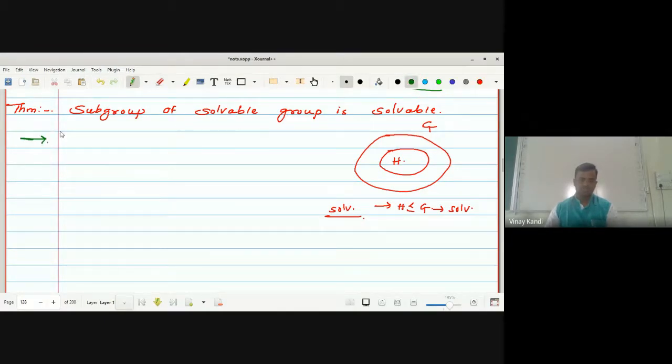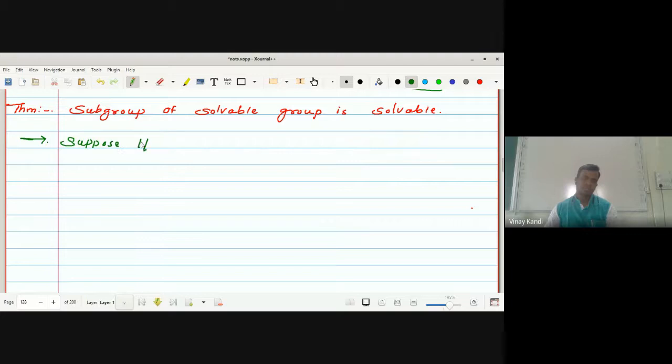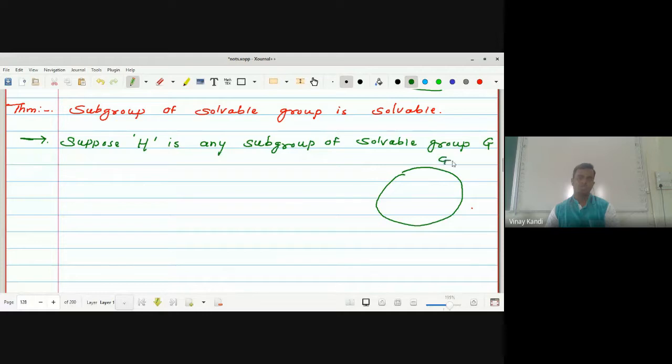Suppose H is any subgroup of a solvable group G. That means suppose this one is G, it is solvable, and this H is any subgroup of G.